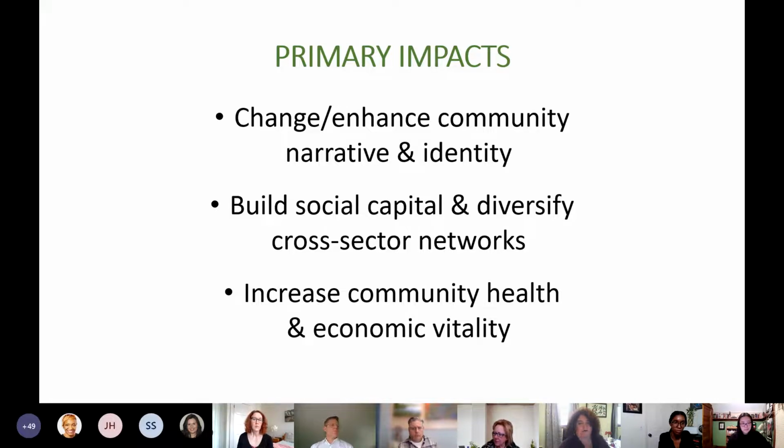The second bucket is building social capital and diversifying cross-sector networks. The social capital is really, when artists do projects, they bring people together. Sometimes that is the stated purpose, other times it isn't. But especially these days, as this pandemic goes on and on, we're recognizing that people who know other people in their community, they don't even have to be good friends, just by knowing more people in your community, you are going to do better in times of trauma and stress.